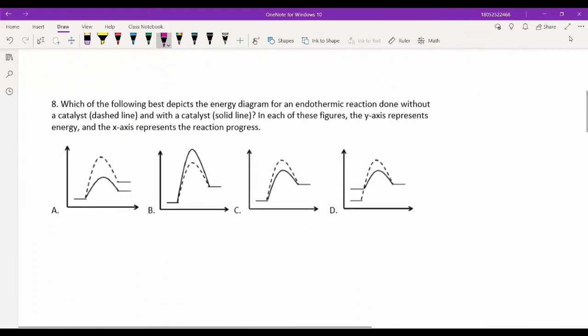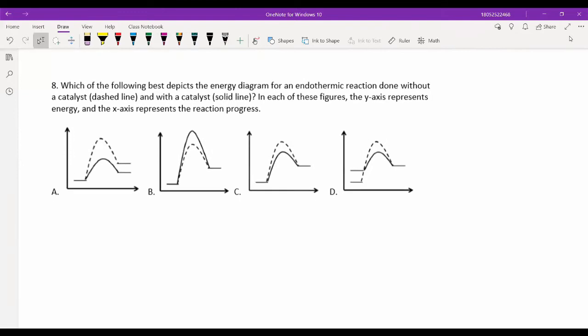And moving on, here's some more diagrams to look at. So one thing we can break down is to see if this helps us. This is an endothermic reaction. That would again be the products to reactants.